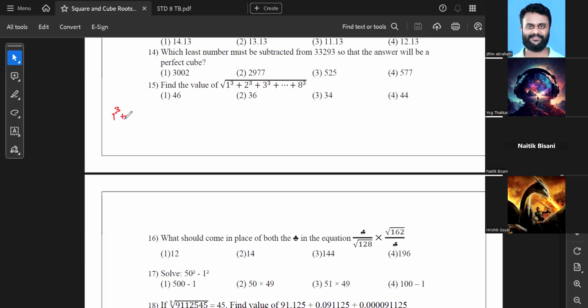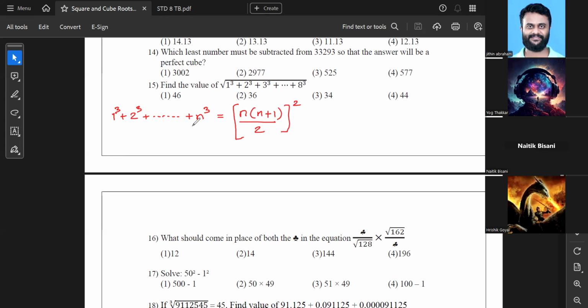There is a formula: 1 cube plus 2 cube plus dot dot dot n cube. If you have any such series, your direct answer will be n multiplied by n plus 1 upon 2, the whole square.